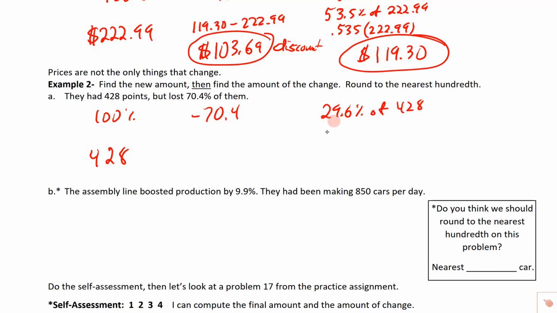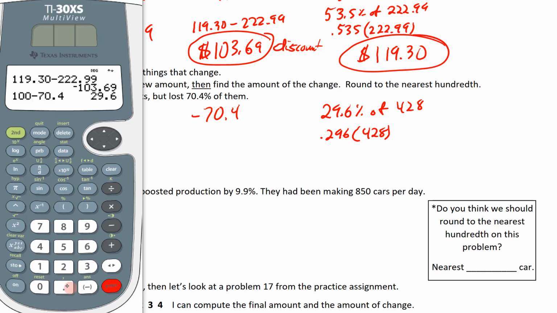So we'll move the decimal over 2 places. 0.296 of means times 428, and we'll throw that in the calculator and see what we end up with. 0.296, and we'll multiply that by 428. Everything looks good there, and we get 126.688.